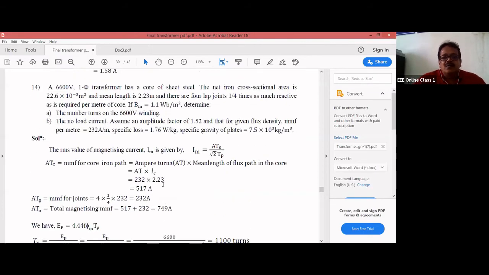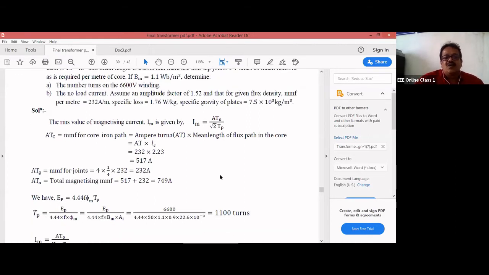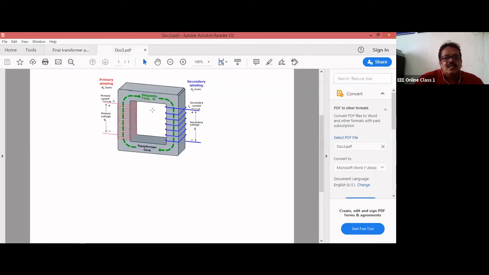And one more thing, this is very important. There are 4 lap joints, and 1/4 times as much reactive as is required per meter of core. As I explained earlier, instead of 2 L-shaped joints, they go for all 4 lap joints, together taking individual laminations and making the joints.